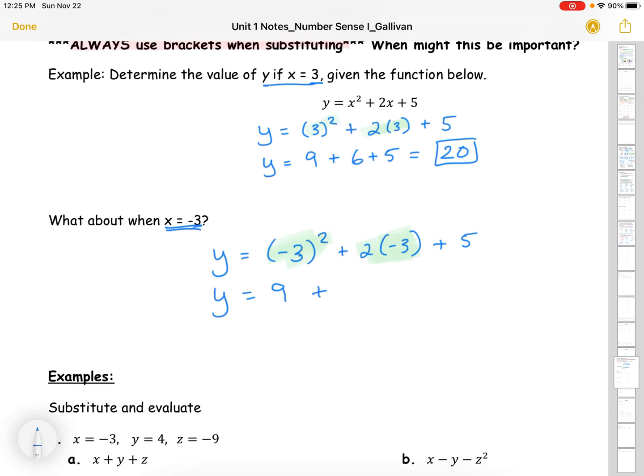Well, that's the same, but 2 times negative 3 is negative 6. So that's where our big difference is. Okay, so 9 plus negative 6 plus 5 equals 8. So changing the sign of x has a big impact. If we put our brackets in, it's going to help us keep our work straight and get us the right answer.